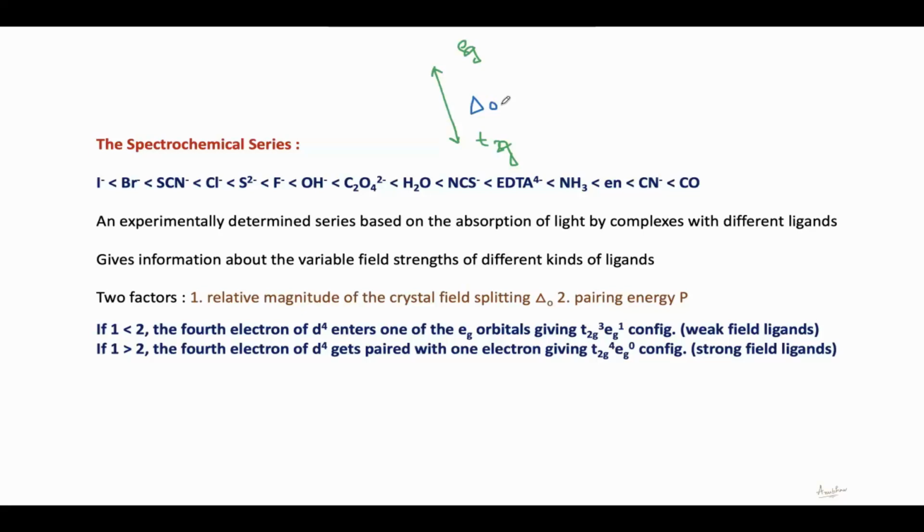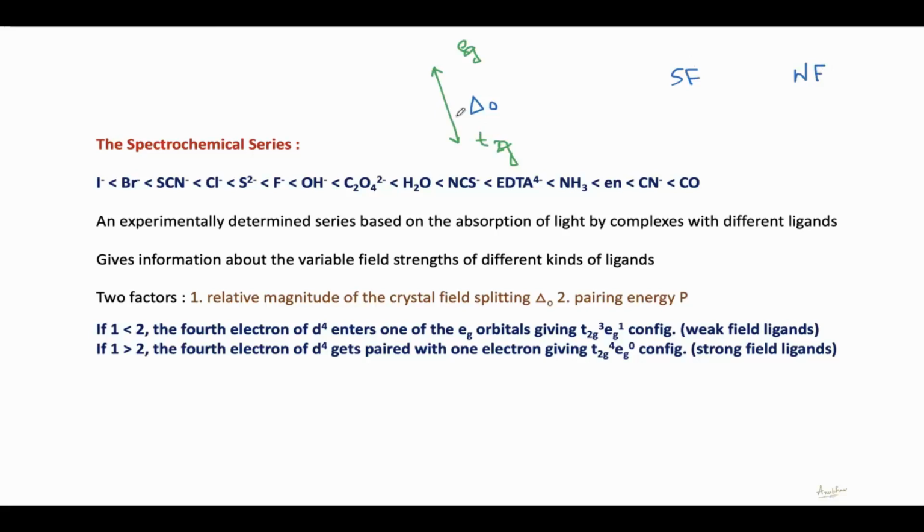Now, there is a popular series which is termed as the spectrochemical series. I would suggest you to go through this series. This series tells which one is able to split T2G and EG more, and which is able to split T2G and EG less. Depending upon the spectrochemical series, we will say which ligand is a strong field ligand and which ligands are weak field ligands.